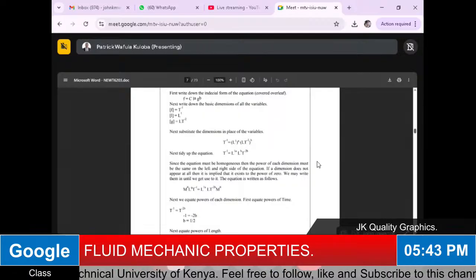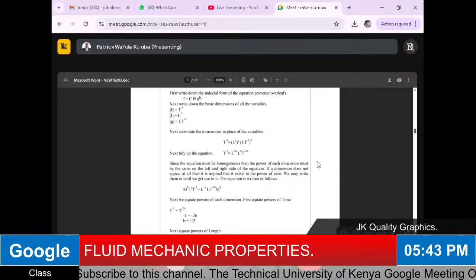From the knowledge of your maths, any letter or value raised to 0 is equal to 1. Therefore, L raised to 0 is equal to 1.